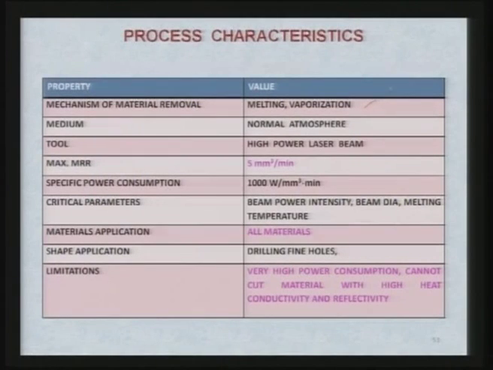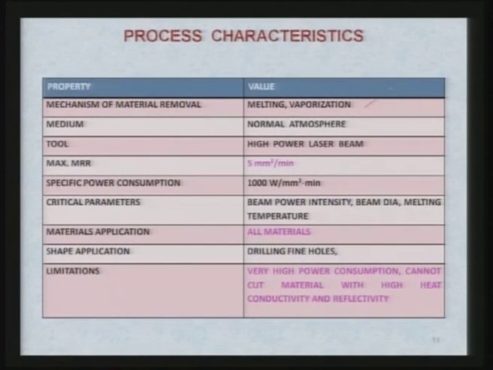Tool is high power laser beam, and maximum material removal rate which researchers and industrialists have observed is very small, 5 millimeter per minute. Specific power consumption is 1000 watts per cubic millimeter per minute. Critical parameters are beam power intensity, beam diameter and melting temperature of the workpiece material.